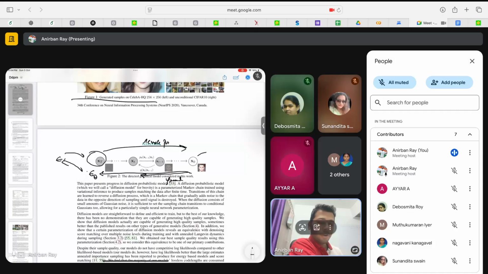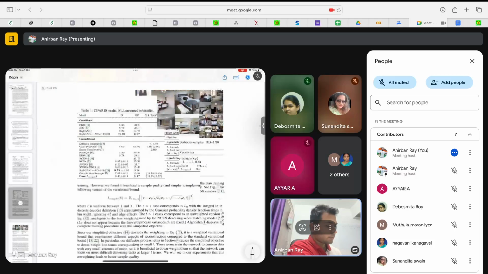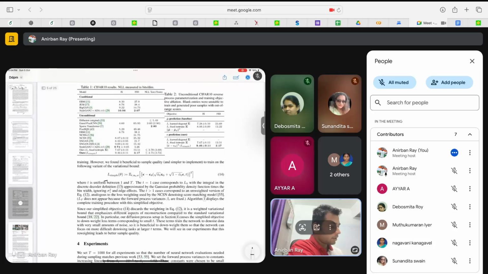We keep adding noise, and as I mentioned before, the final image that you get should be a sample from the 0,1 normal distribution. So you compare what you know as a 0,1 normal distribution with what we get from the learning process. They do it with squared error loss. So this has been done. This is the thing.